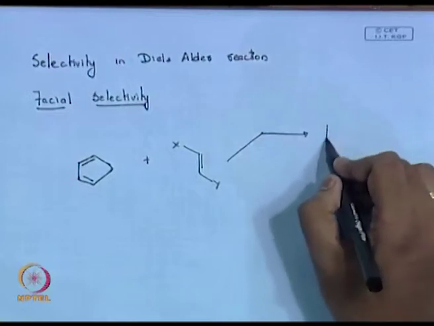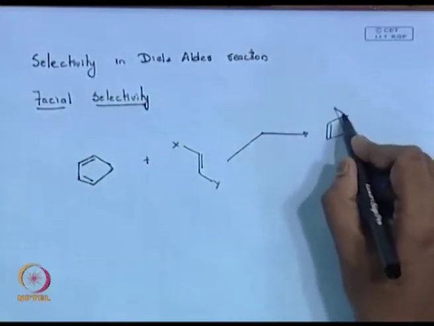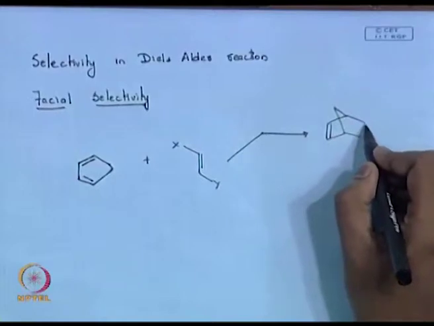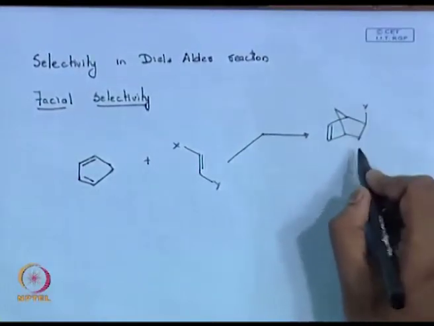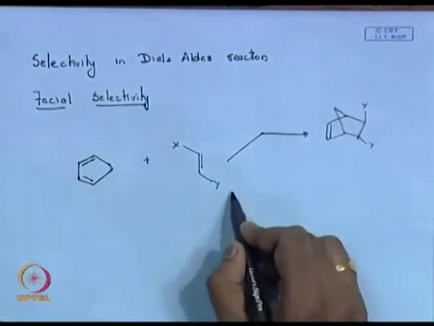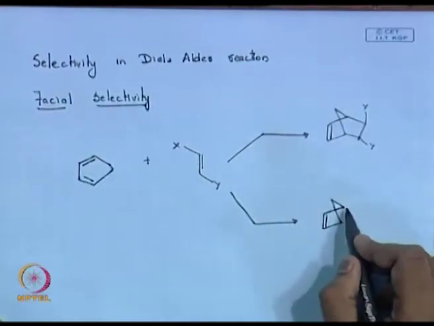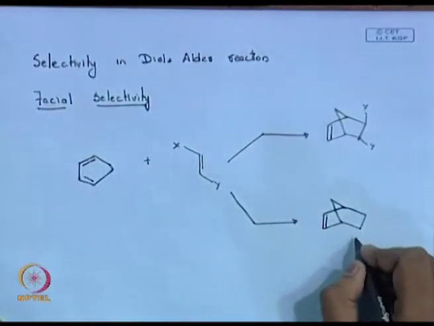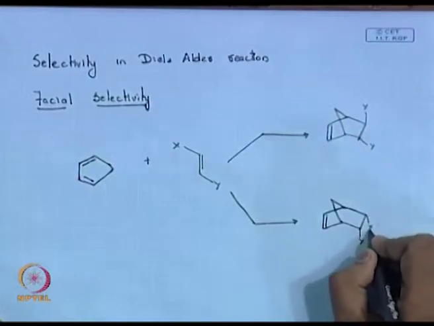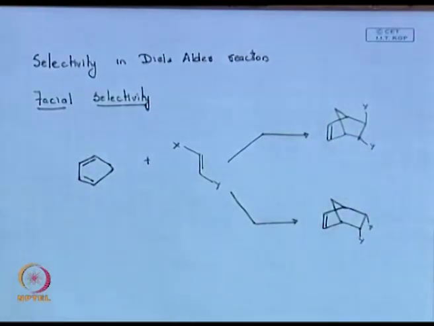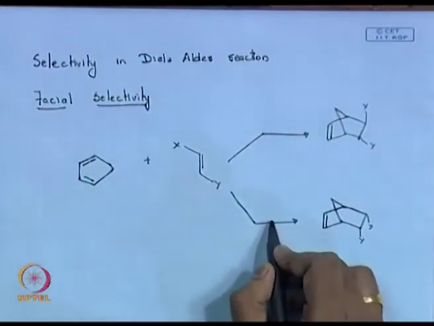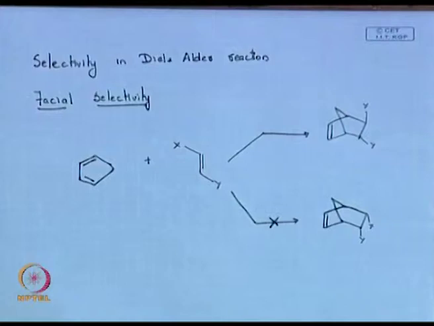One where your X is up and Y down, or another case where both are on the same face. So, you can think about two products if you talk about facial selectivity, but in Diels-Alder the reaction is selective. So, you do not end up with this product, you end up with only this one.